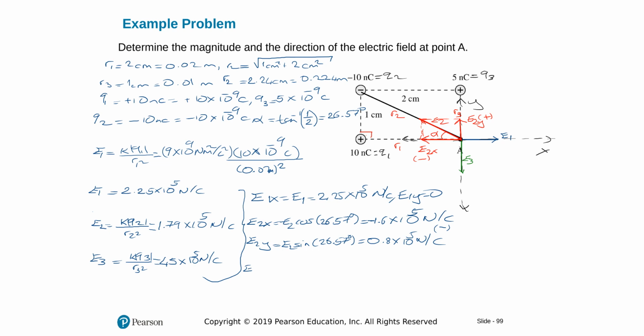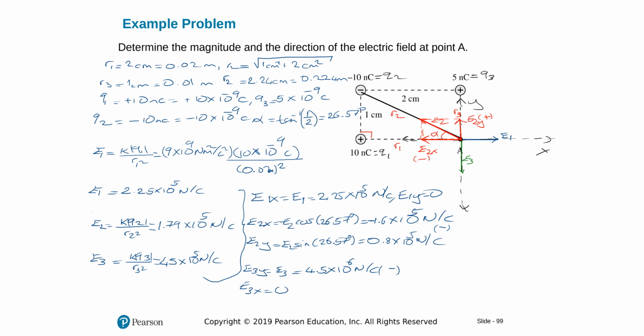E3 is only along y, and it's negative, so E3y is equal to E3 itself, 4.5 times 10 to the 6 or 45 times 10 to the 5 Newton per coulomb. It's negative, and E3x is 0.